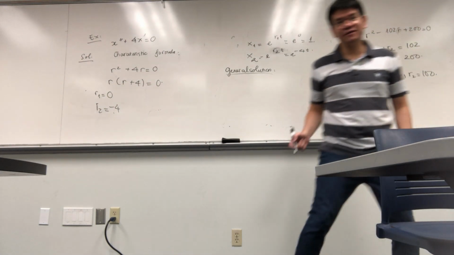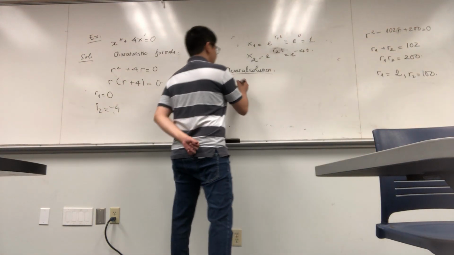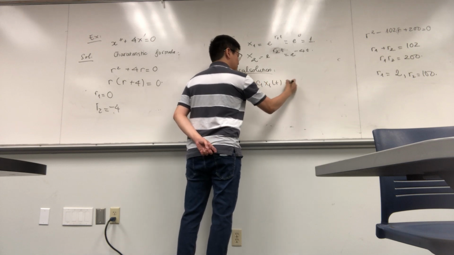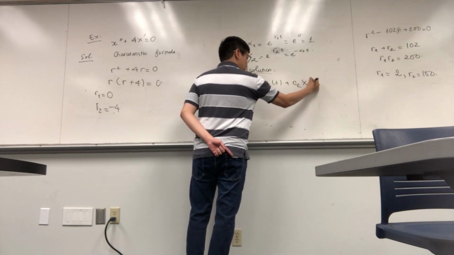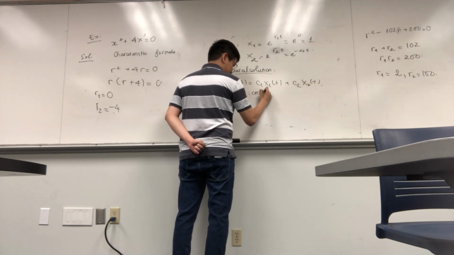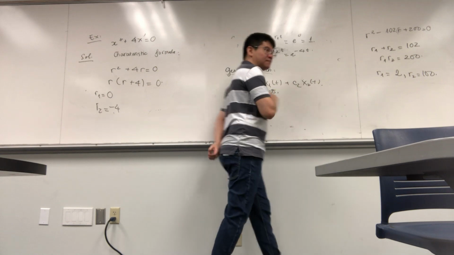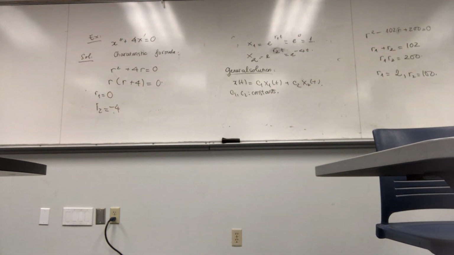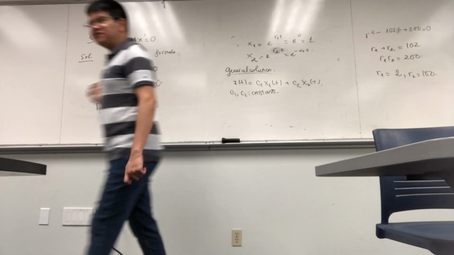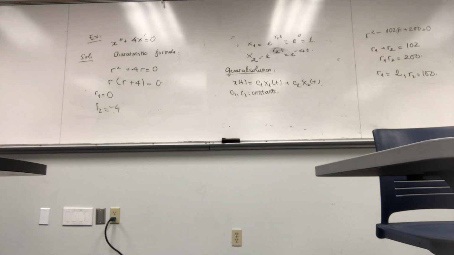You just combine them. So the general solution will be C1 x1(t) plus C2 x2(t), in which C1 and C2 are constants. If I consider a solution of this form, then it will be a solution of the equation.